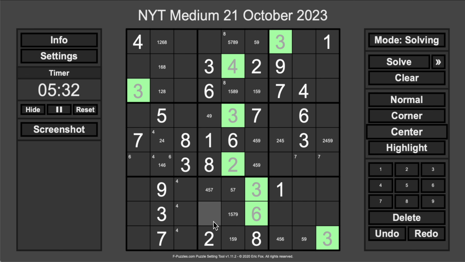This is 4, 5, or 7. Yeah, that's anything, I think. This is not 4, but still, unfortunately, could be 5, 7, or 9.